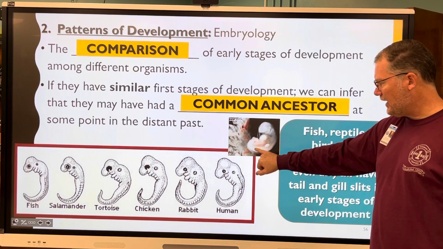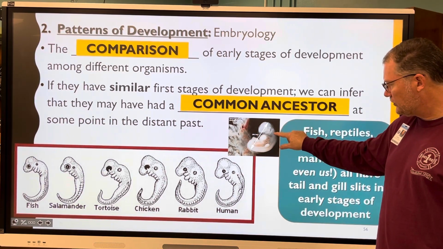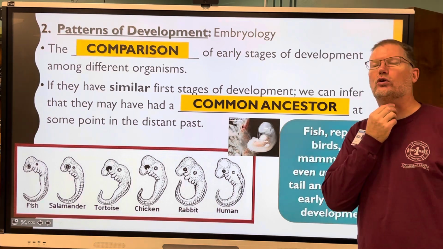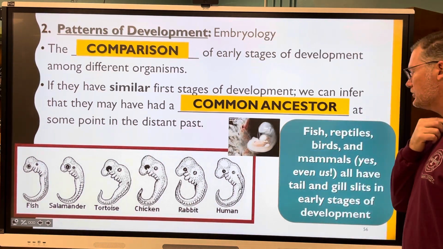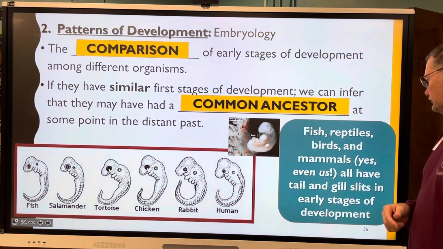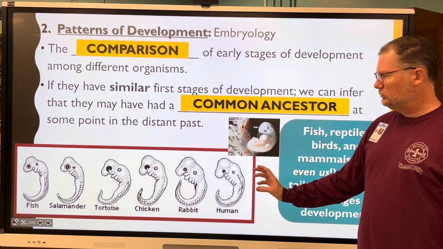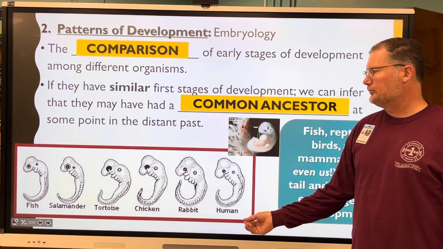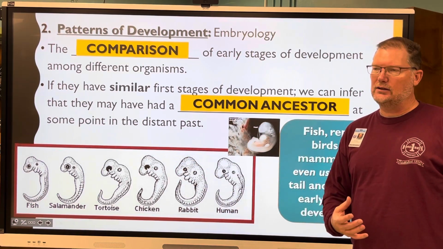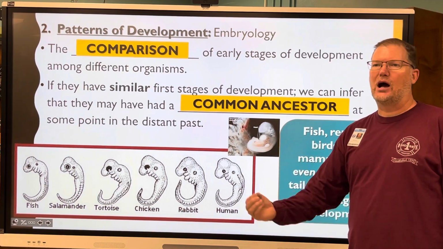And you can see the tail and these gill slits here that turn into your trachea and your voice box. It's quite amazing. So by looking at this design, we can see evidence of a common ancestor.